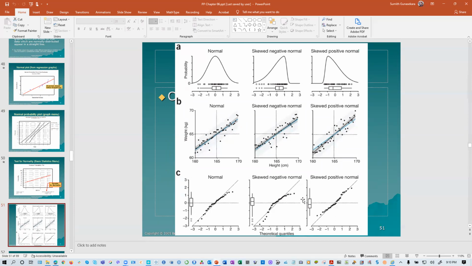See, left skewed. This one is left skewed or negative skewed. If they go like this, your graph is right skewed. See, like this, and go like this. This one goes like this.